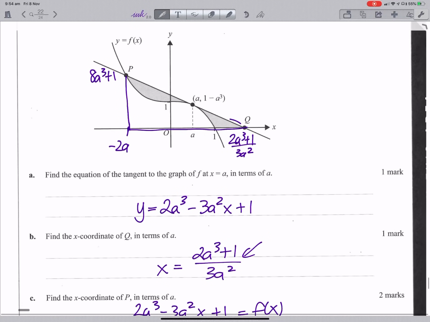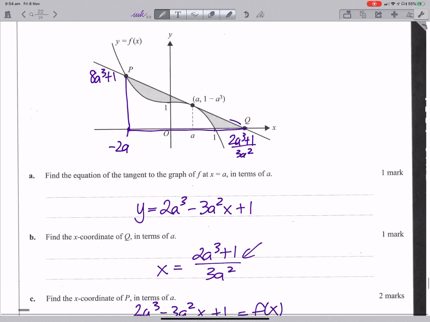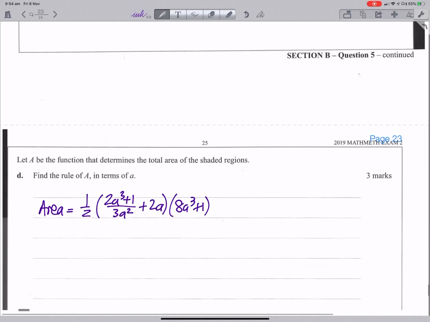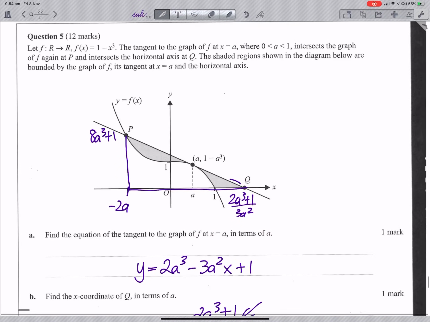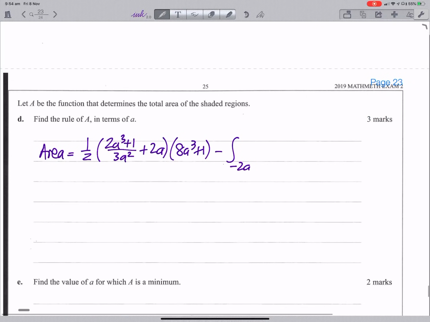So that's the large area. And then minus the integral from negative 2a up until 1 of f of x dx.